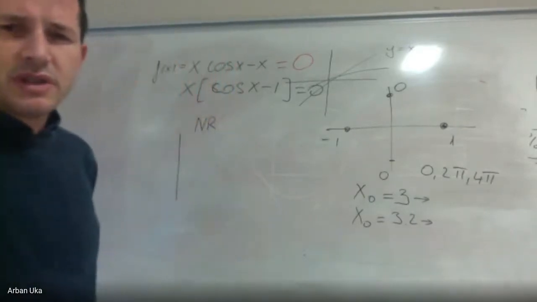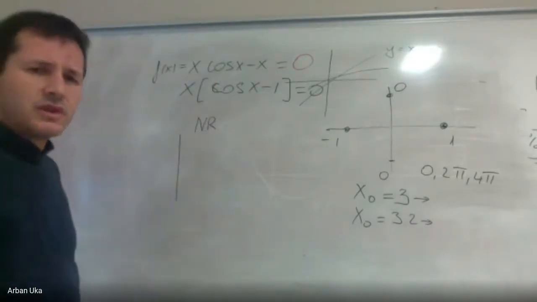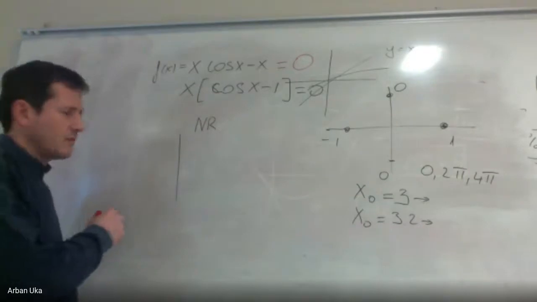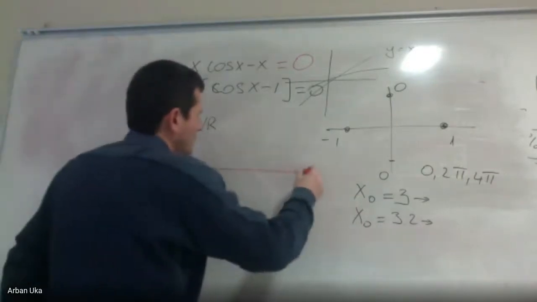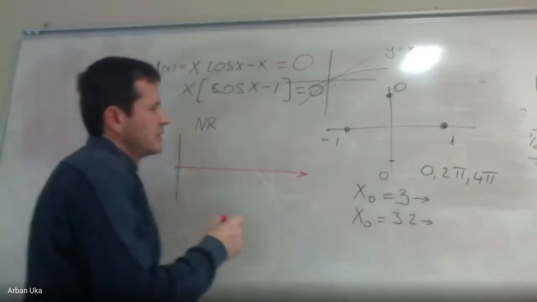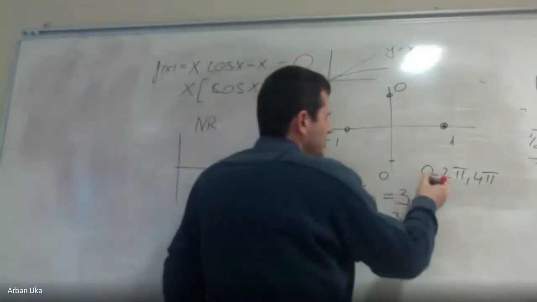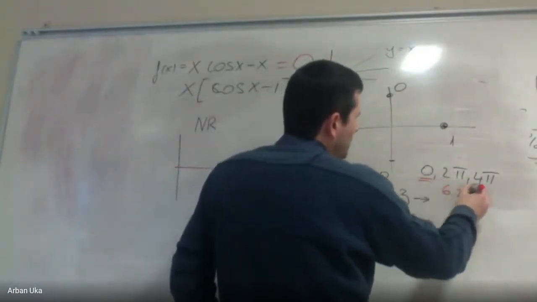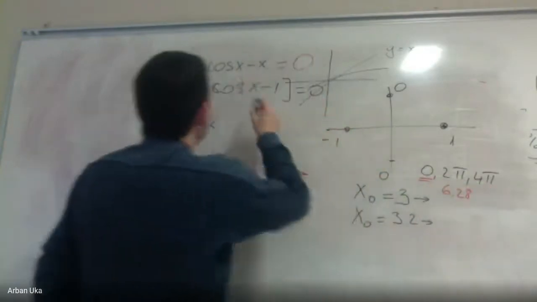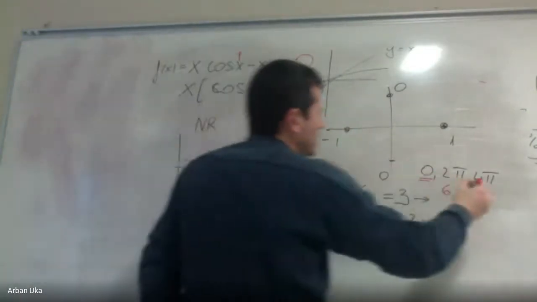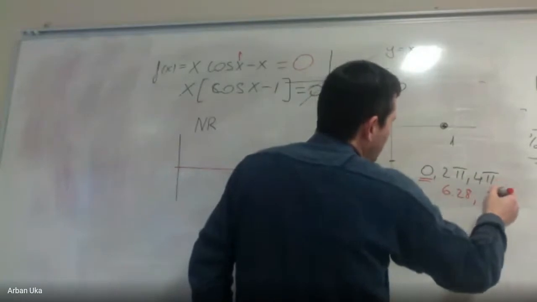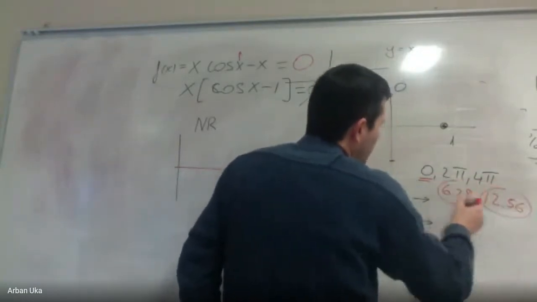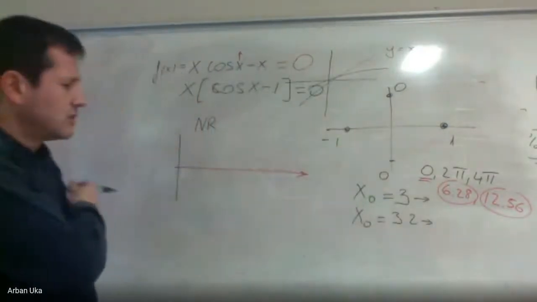But my question here is the following. I want you in the homework to draw a graph of the values of convergence. They should be something like 0, 6.28 for the unknown here, okay? Then you should get something like 4 pi, which is 12.56. So these should be the values where you should converge.